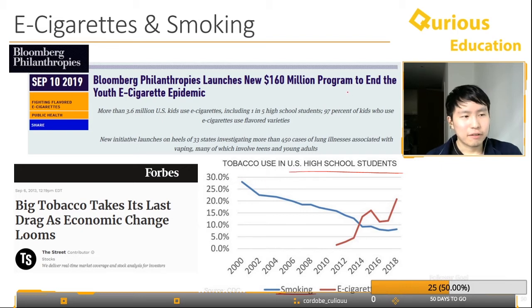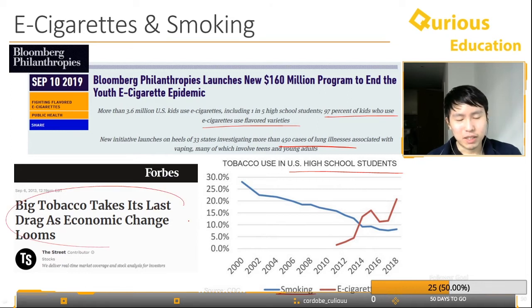So we see here that a lot of kids are starting to vape, using it with different flavors. However, there are actually also lung illnesses associated with vaping. So probably best to avoid that unless you don't want to live a very long life.